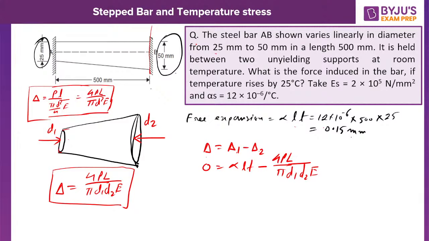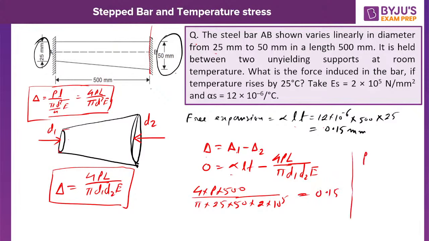You keep the values: alpha LT we have already calculated as 0.15, equals 4P into length of the bar, 500 mm, divided by pi into d1, 25 mm, and d2, 50 mm, and E, which has been given as 2 into 10 to the power 5. If you solve it, you'll get the P value, which is nothing but 58.9 kilonewton.